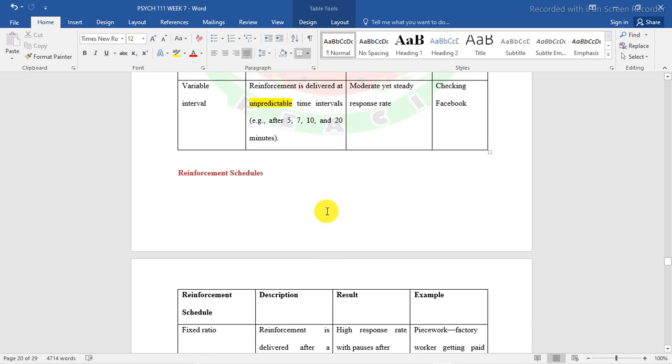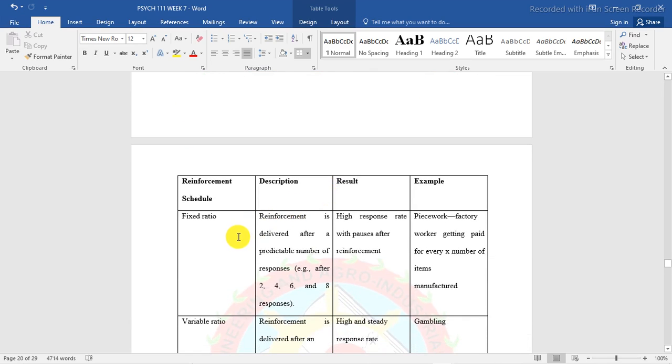So, how about this reinforcement schedule? Ano pa to? Fixed ratio. By ratio naman tayo. Reinforcement schedule. So, description, reinforcement is delivered after a predictable number of responses. So, pag meron nang after sa response, after 2, 4, example, pag nagawa mo to, bibigyan ka ng ganito, in 2, 4, 8 responses.